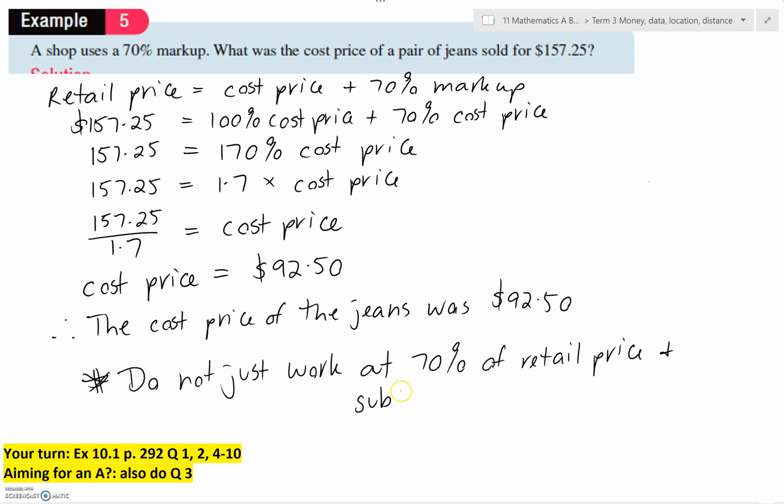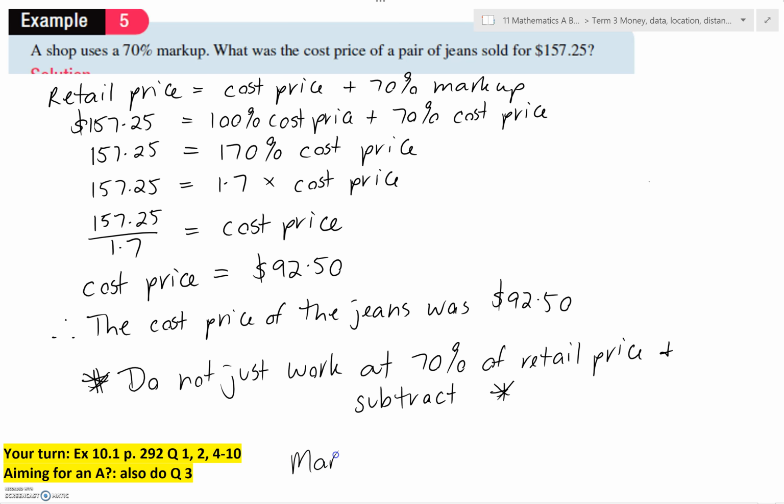Give it a go and work it out, and you will see that that is actually a totally different amount. Because percentages work off certain values, and if your starting value is different, the dollar amount based on the percentage is also going to be different. So it's very important that you don't just look at that and go, I'm going to take 70% off that, because it would be 70% of a different starting amount. Do not do that. Okay.